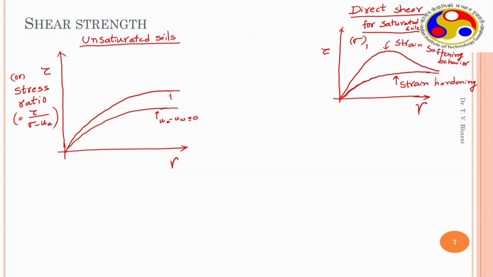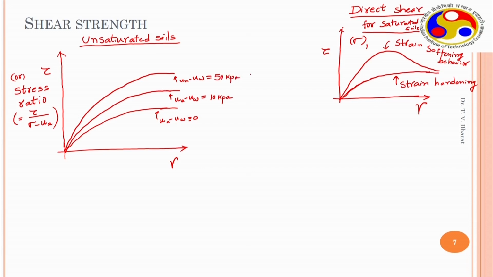So, this is under another particular suction, UA minus UW equals 10 kilopascal. And similarly, when you increase, 50 kilopascal.